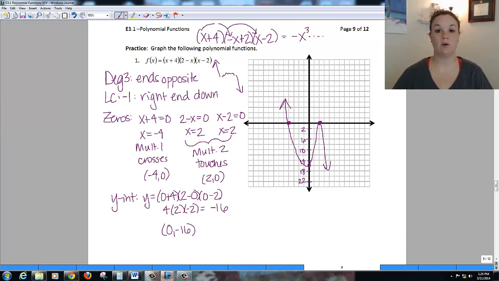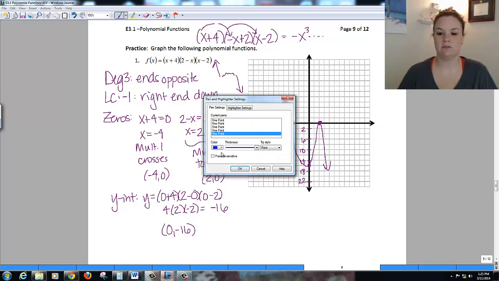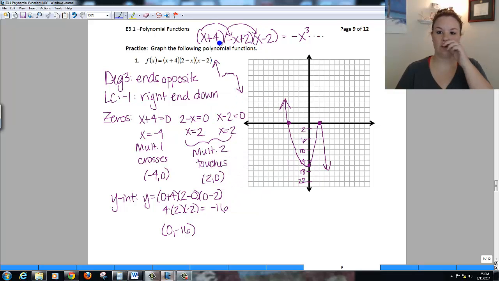Okay? So on the first practice problem, first thing we do is look for the degree. Now the degree on this one's a little hard to find because it's not multiplied out. So what I did up here is I rewrote the problem, and on the second factor I wrote the x first. So I have x plus 4 minus x plus 2 times x minus 2.